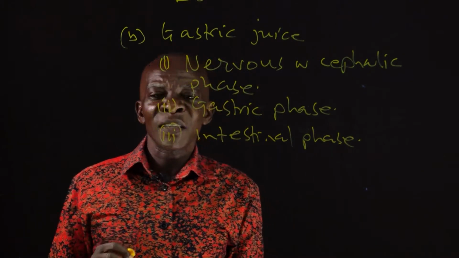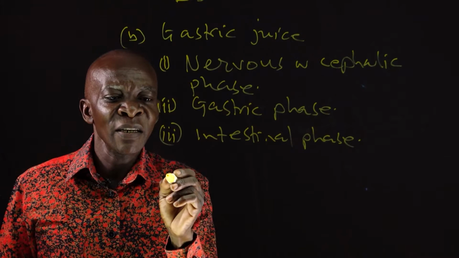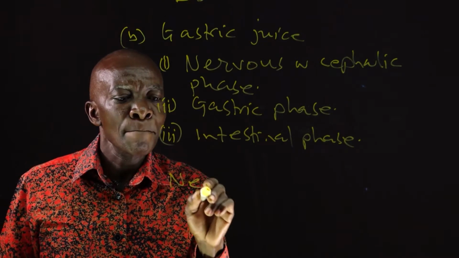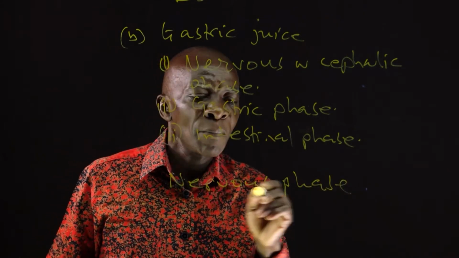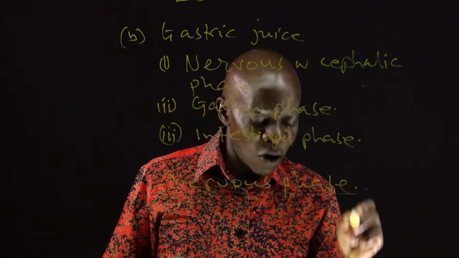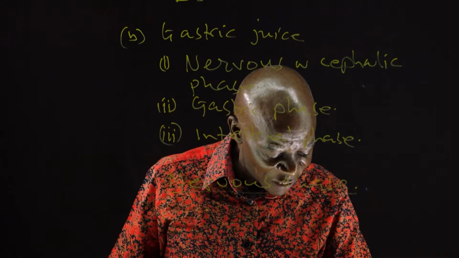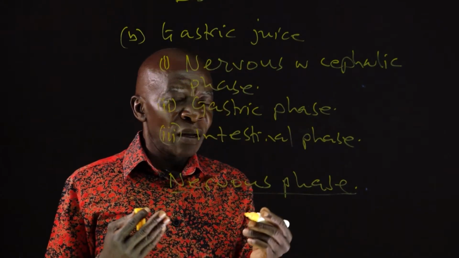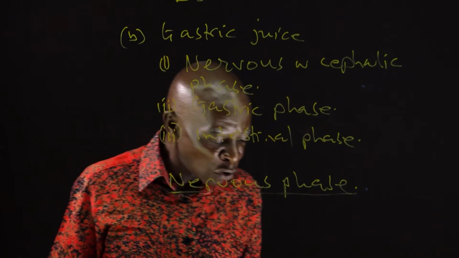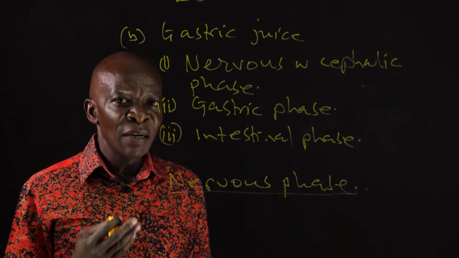Now, to start with, let us see the nervous phase, or cephalic phase. Of course, this is a phase that is controlled by the brain.